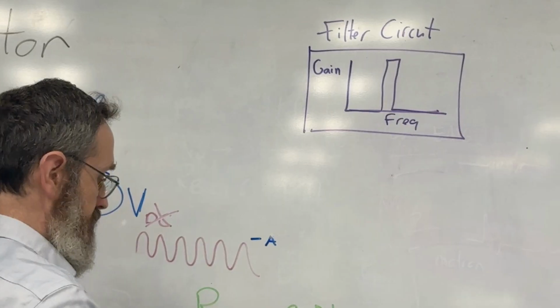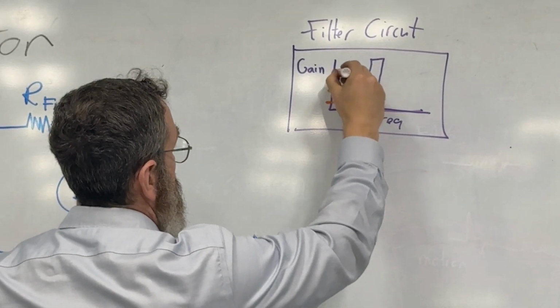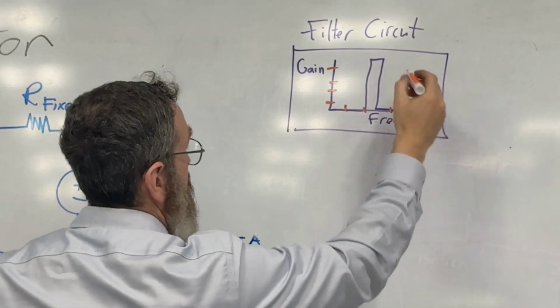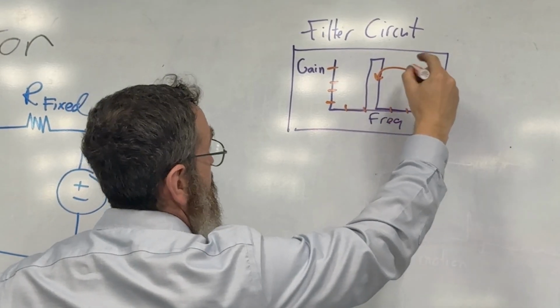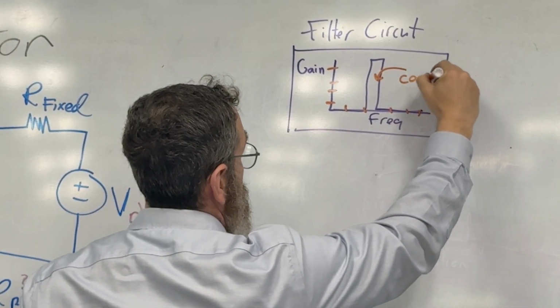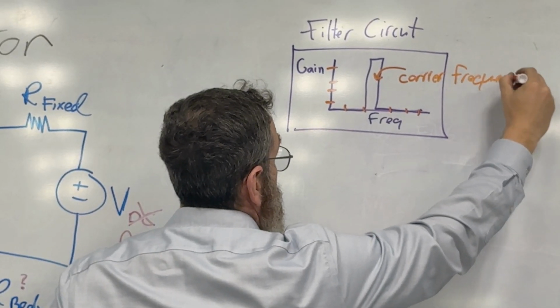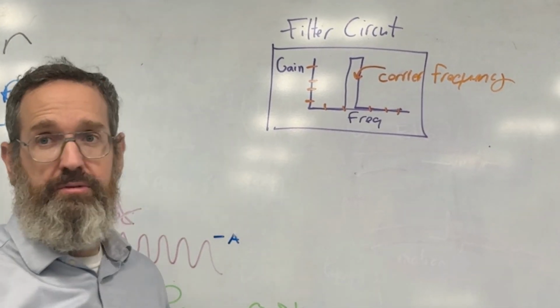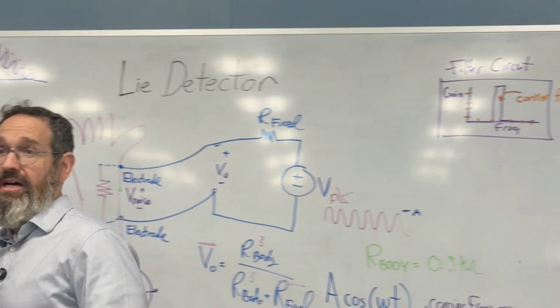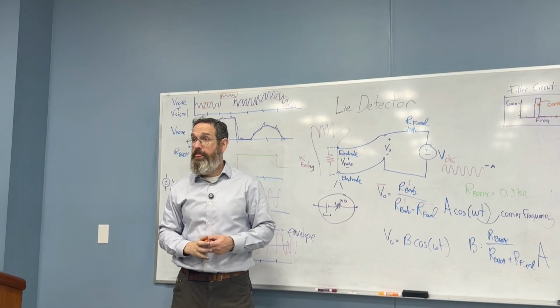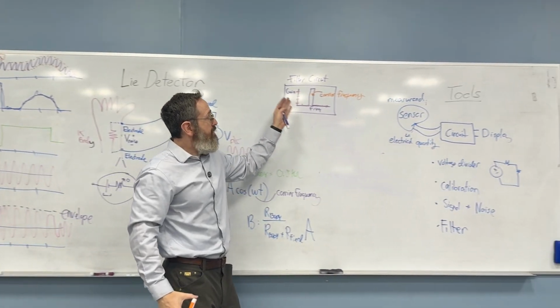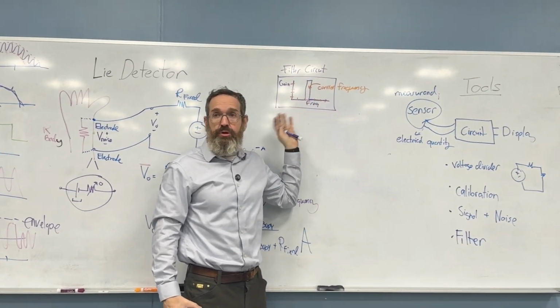And this is at the carrier frequency. I know the carrier frequency because I picked the carrier frequency as 2022. So I'm going to make a filter that only lets 2022 through.